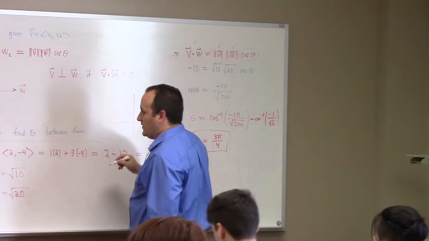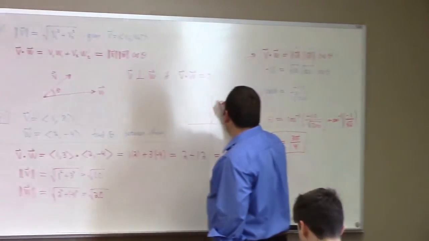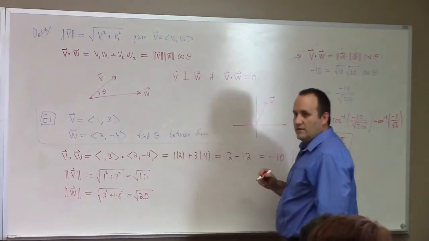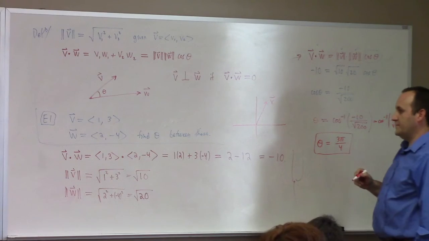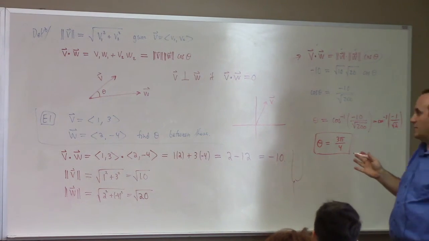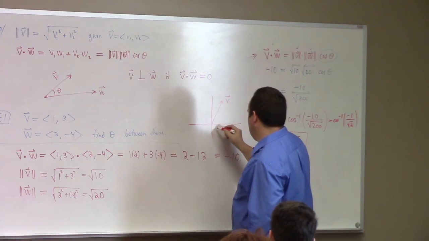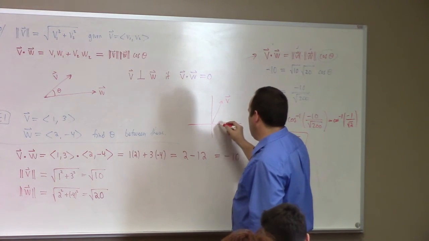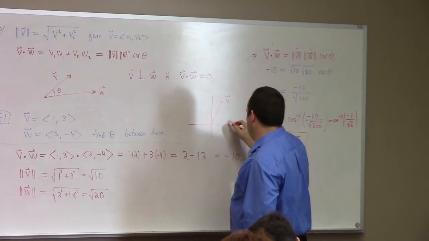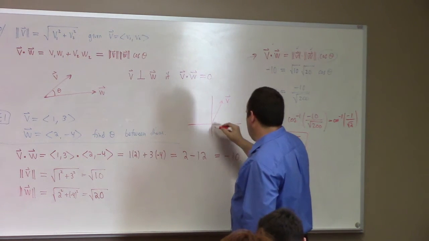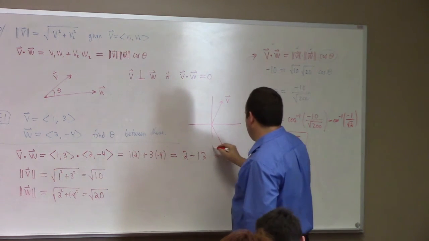So let's see here. v is what? 1, 3. This is v, right? Where's w point? Over 2, down 4, right? So over to, let's see, up 1, up there. So it's something like that. I can't do it.